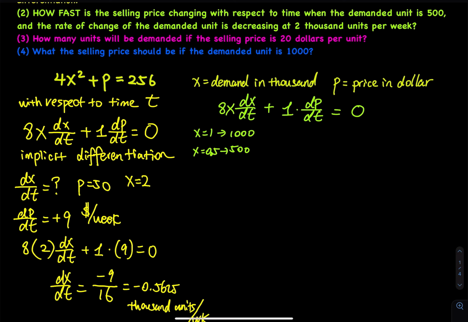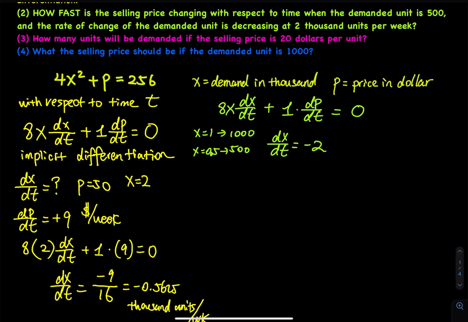And then the demand is decreasing at 2,000 units per week. So that will be a negative 2, because the negative means decreasing, you have to mention the negative. That's why for the previous problem I put the positive 9, even though the positive sign is not necessary, I do it anyway.